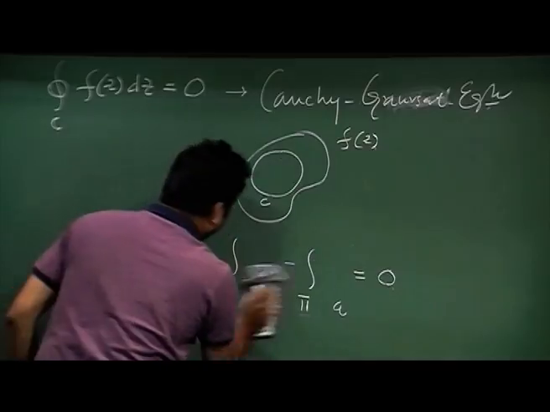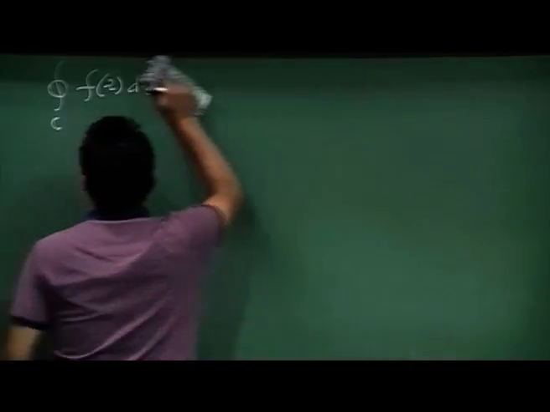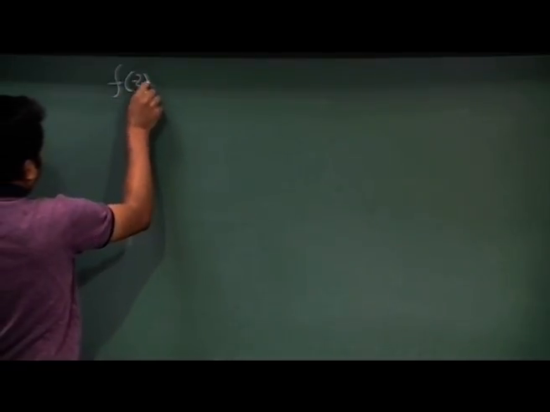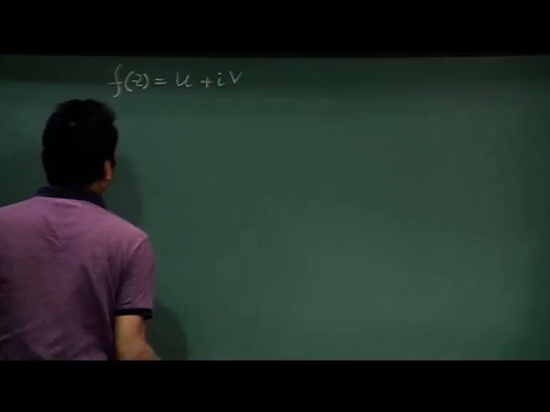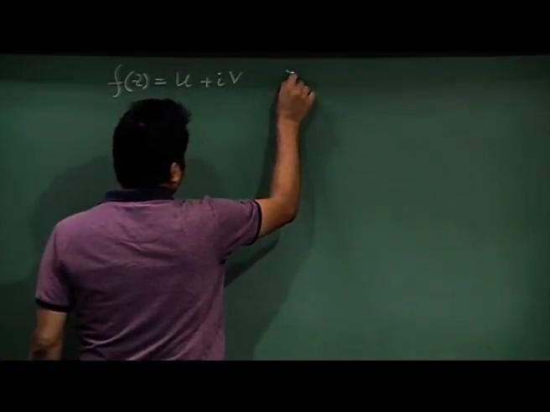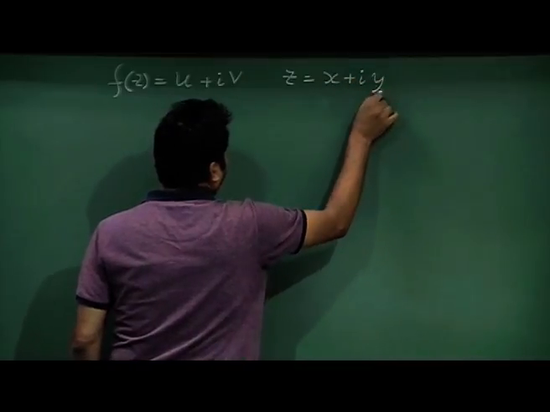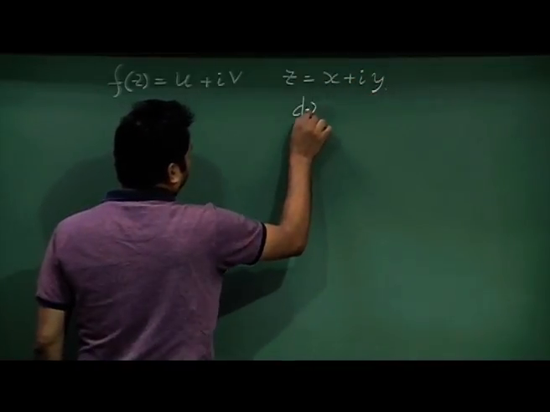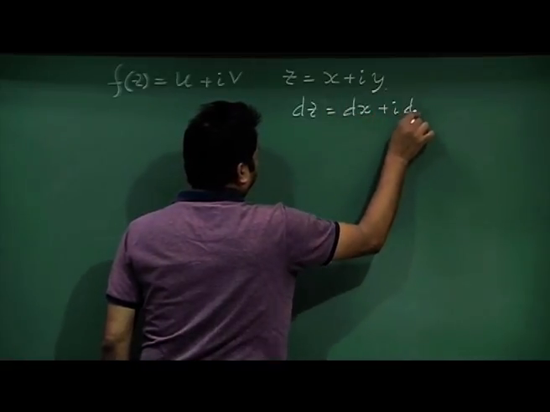Now, we will prove that in a more meticulous way, to show how this works. So, let us start with this. f(z) is u plus i v, and z is x plus i y as usual. So, dz is dx plus i dy.